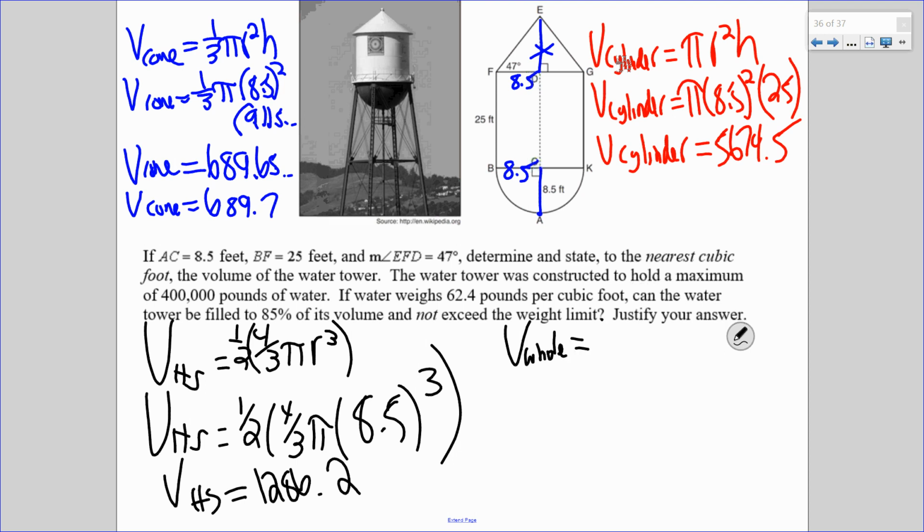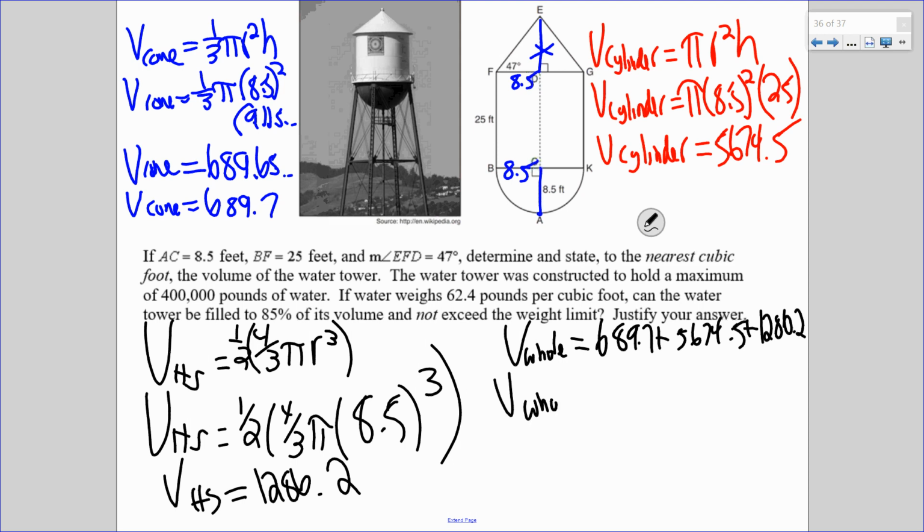So the volume of the whole tank is the cone, 689.7, plus the cylinder, 5674.5, plus the 1286.2.